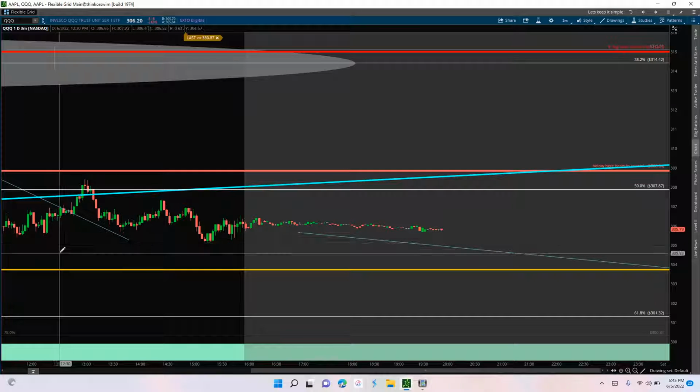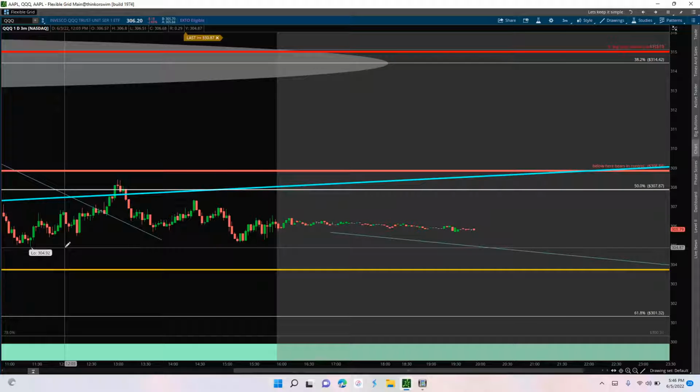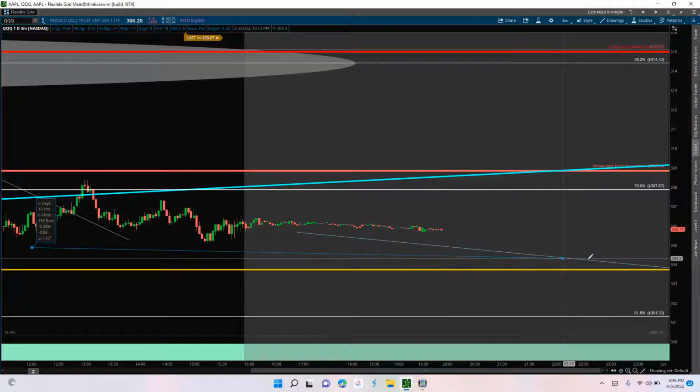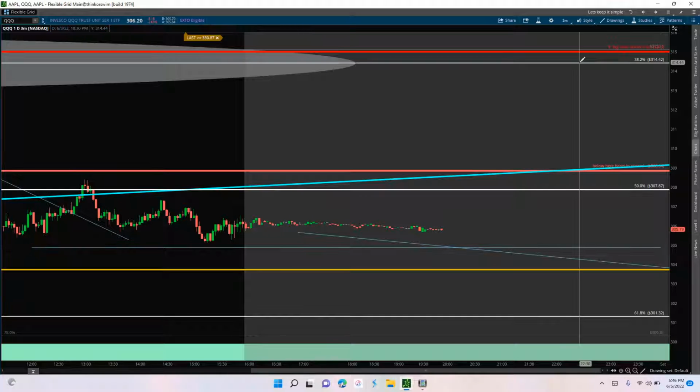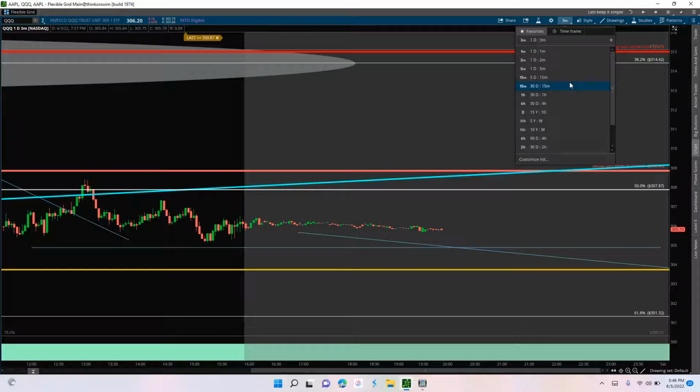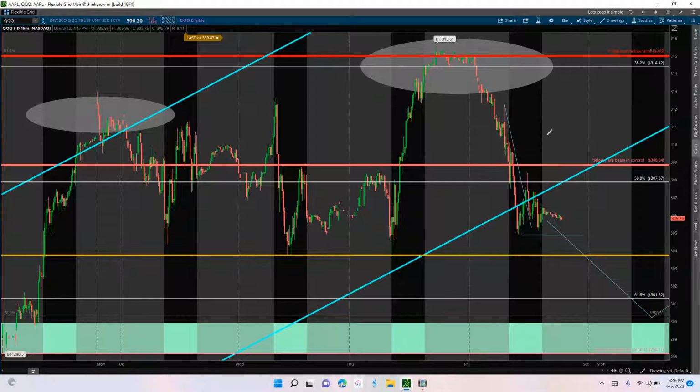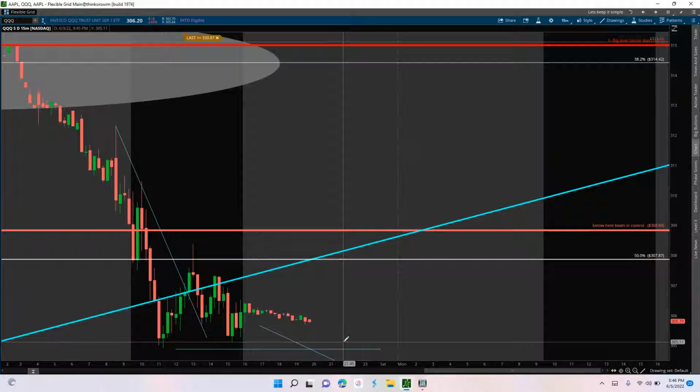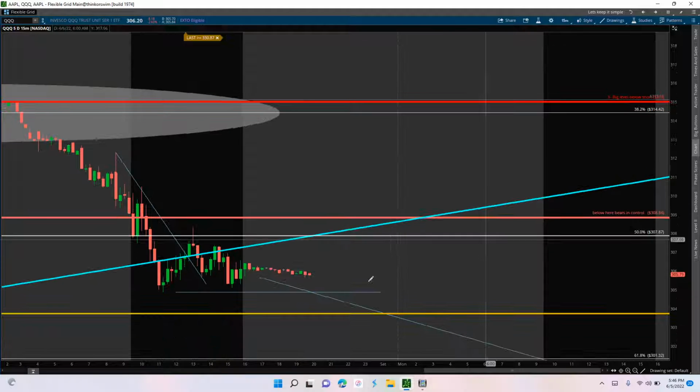which is right here, if we hold that going into Monday, that means that we may get a pop, and this is where we've got to look for a rejection. So have your levels ready.